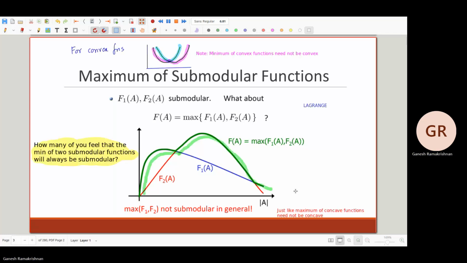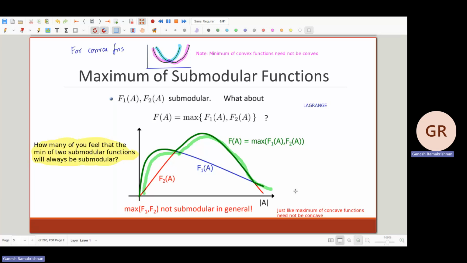Pointwise maximum won't reveal the diminishing effects. Yeah, but see, I said there's a relation with convexity. The minimum of convex functions need not be convex. The maximum of convex functions is convex.